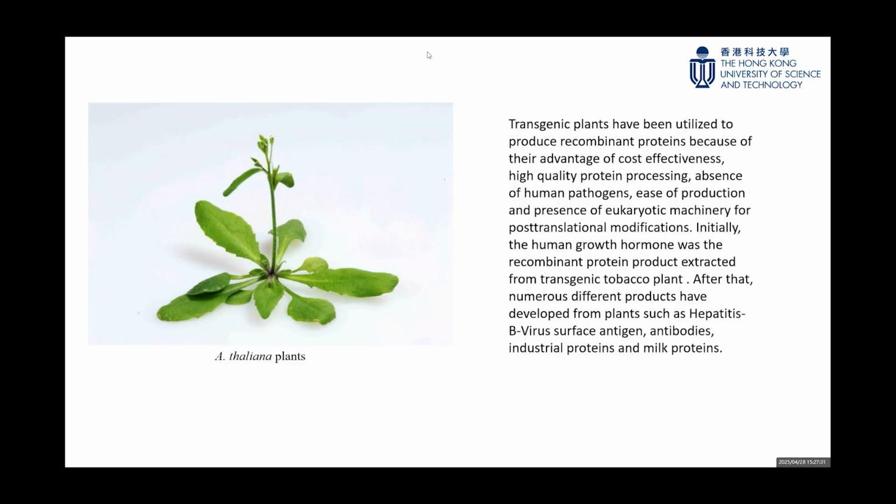Plants have been utilized to produce recombinant proteins because of their advantages of cost effectiveness, high quality protein processing, absence of human pathogens, ease of production, and presence of eukaryotic mechanisms for post-translational modifications. Initially, human growth hormone was the recombinant protein product extracted from transgenic tobacco plants.